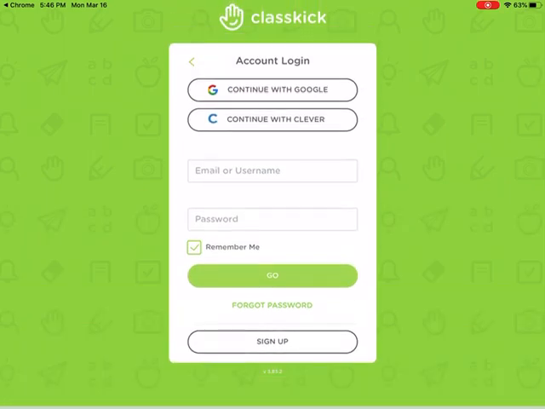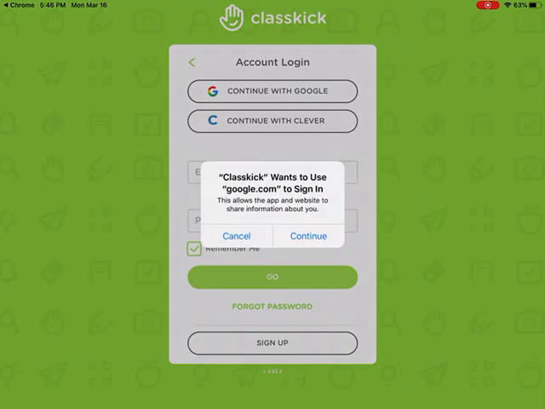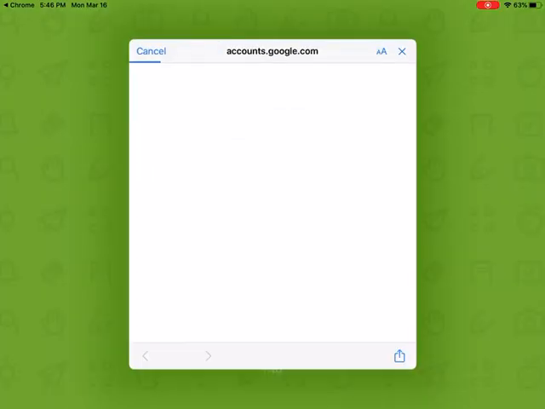Make sure you log in with Google. Oh, will it do it? This is always good to check. You can do it, little iPad.